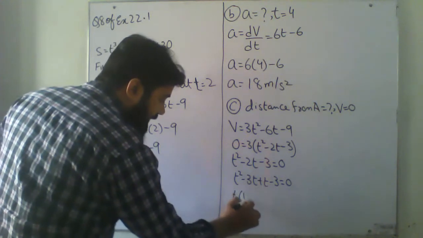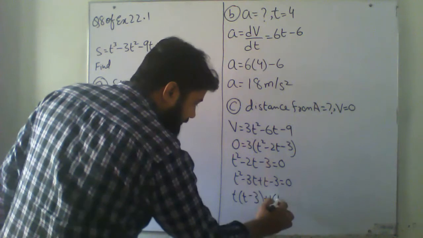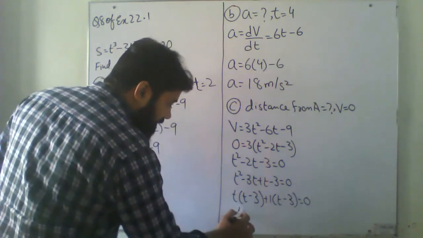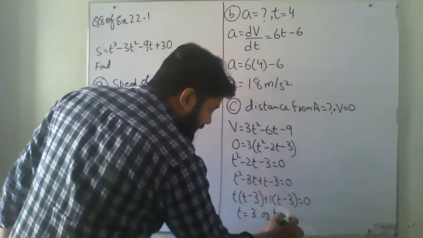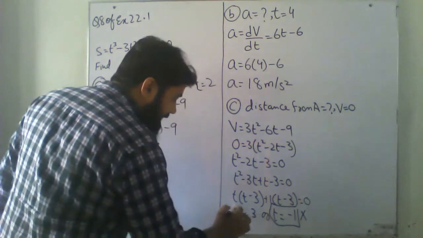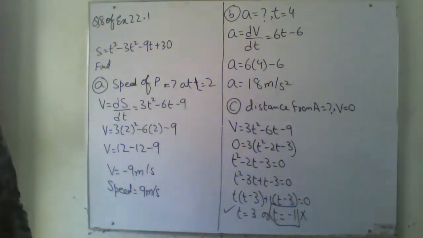Taking common, (t minus 3)(t plus 1) equals 0. So the value of t will be either 3 or minus 1. Minus 1 cannot be possible, so the velocity is 0 at t equals 3.